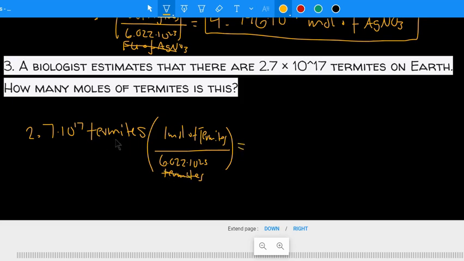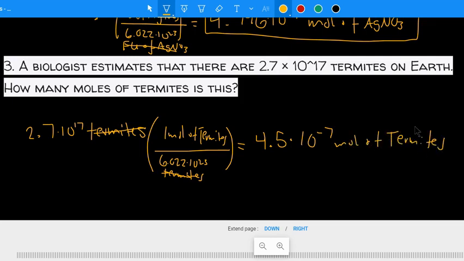I'm going to take 2.7 times 10 to the 17th divided by 6.022 times 10 to the 23rd, and I'm going to get an answer of 4.5 times 10 to the negative 7th moles of termites.